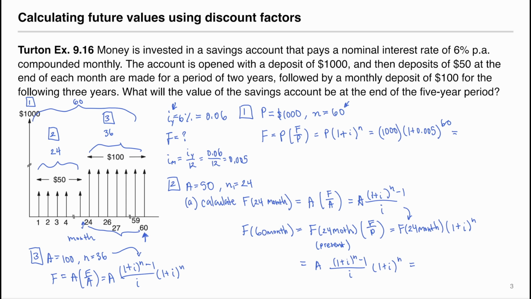N1 is 24 and N2 equals 36. So the first part we use N1 and the second part we use N2, because the first part accounts for the annuity and the second part accounts for compound interest.